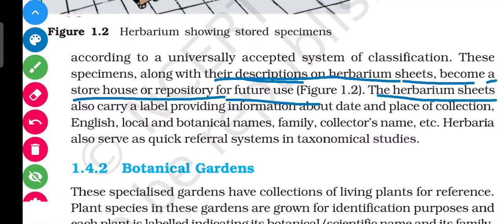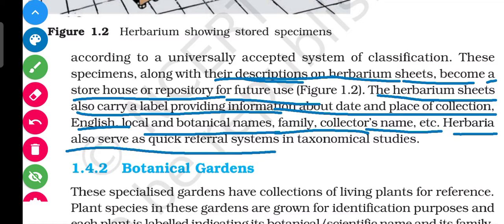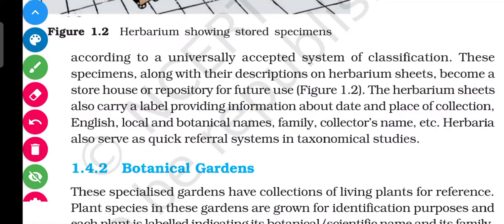The herbarium sheets also carry a label providing information about date and place of collection, English, local, and botanical names, family, collector's name, etc. Herbarium also serves as a quick referral system for taxonomical studies.